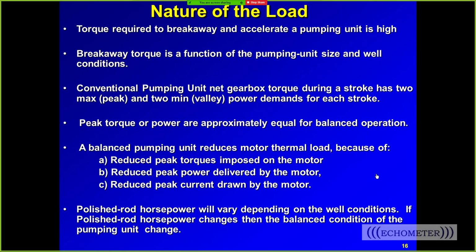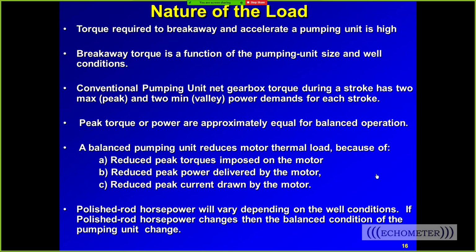And the motor, a NEMA motor, has a high starting torque, 2.7 times more than the nameplate of the motor. So if you have a 30 horsepower motor, it acts almost like a 3 times larger motor and outputs almost 3 times more power to make the pump unit start to move.